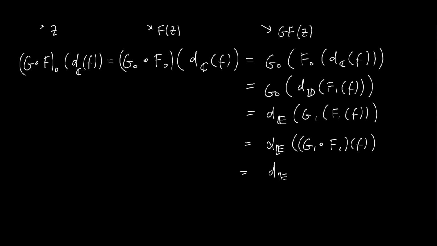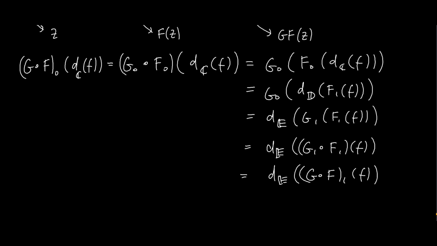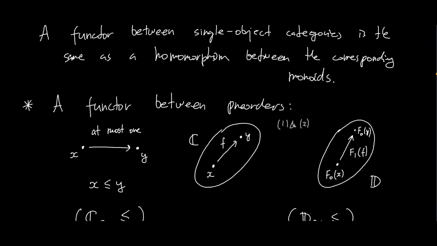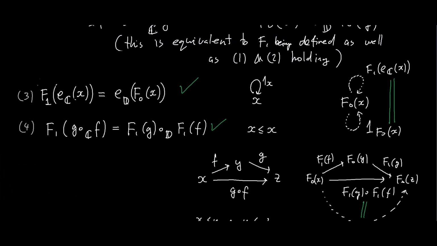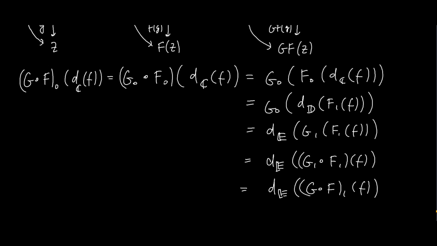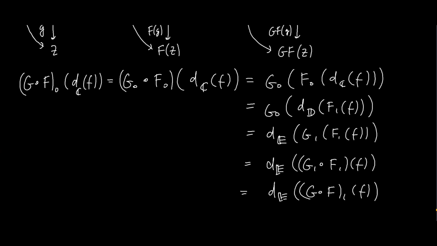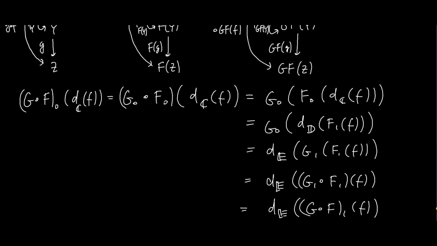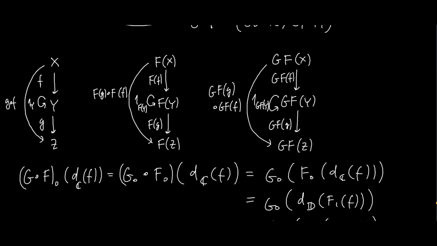And then this is the same as g composed with f1 of f. And that establishes, let me see which number it is, it's the first property, no, not that one, sorry. This is not the first property. It is this property of the functor. And similar computations can be used to establish other properties. I'm not going to do that because it will be very boring to watch. It's better for you to check these computations yourself by hand. They are very straightforward computations.